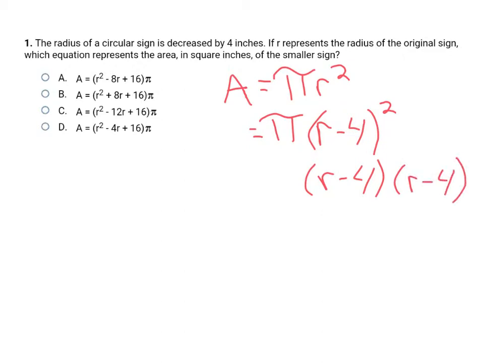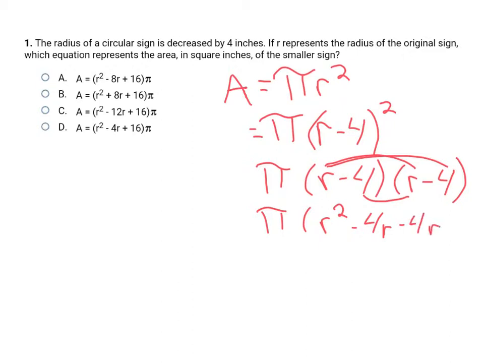But this is actually saying take r minus 4 times itself, and it's actually a FOIL problem. So I'm going to have to take r times r, which is r squared, and then r times negative 4 is negative 4r, and then negative 4 times r is negative 4r, and then the last piece, negative 4 times negative 4 is a plus 16.